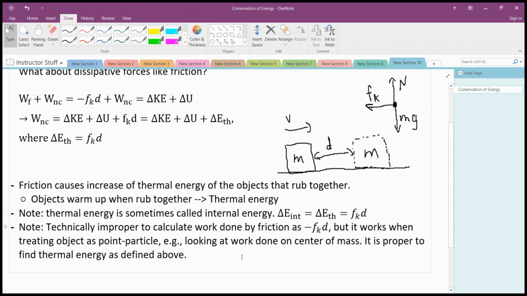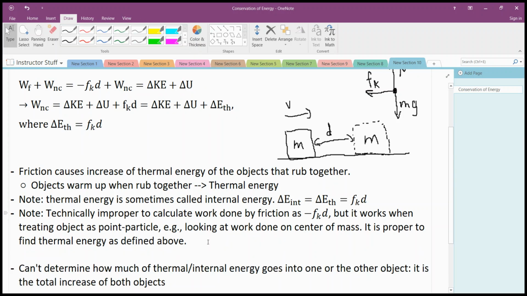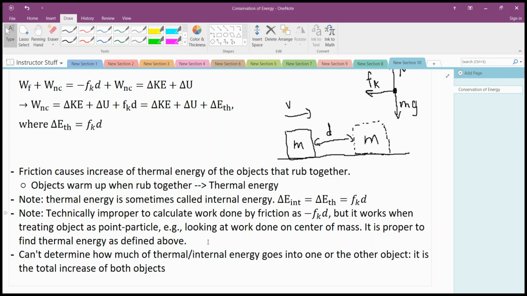However, you should also note that it is always proper to find thermal energy as defined like this. So this will always be the thermal energy term, which is the negative of the work done by friction on the center of mass of our object, or on our object treated as a point particle. As I alluded to a little bit before, both the object and the surface warm up together.